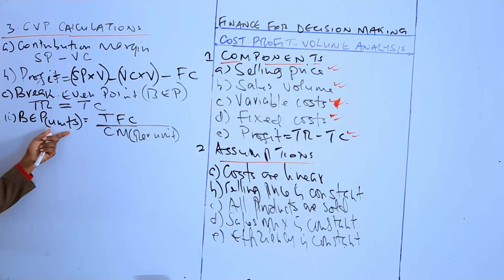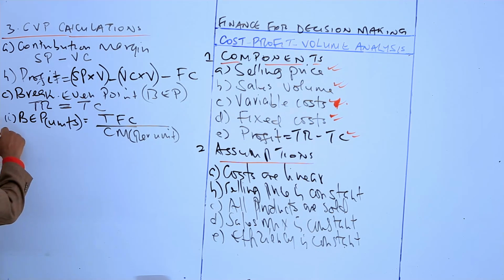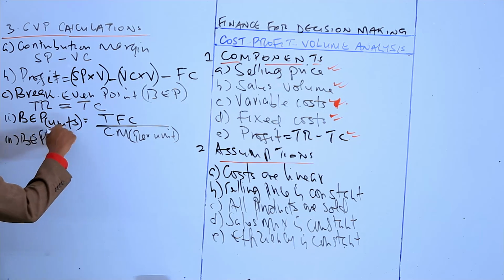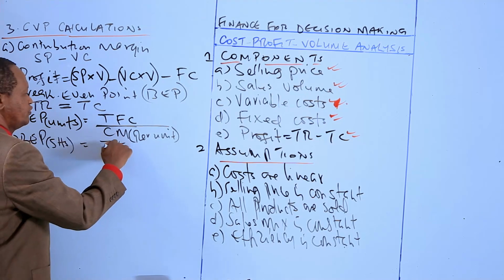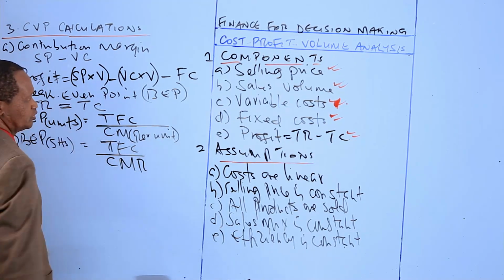That means at that number of units produced, the profit will equal 0. Break-even point may also be determined in shillings. Break-even point in shillings will be equal to the total fixed cost over the contribution margin ratio.